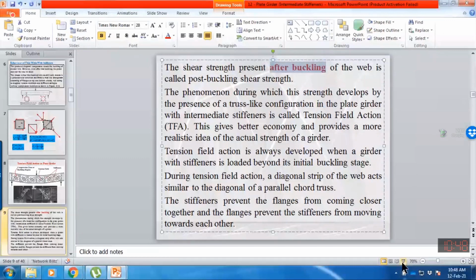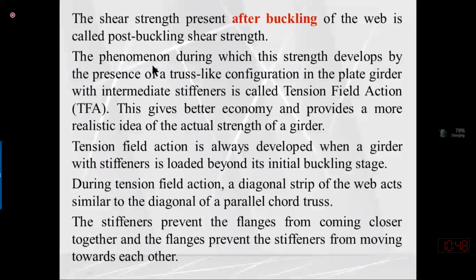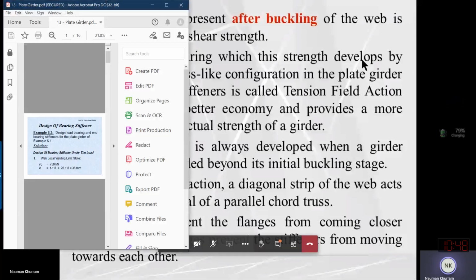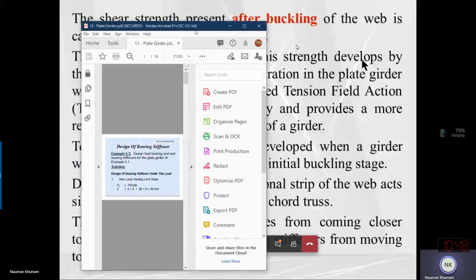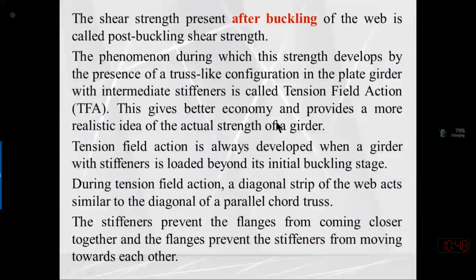The phenomenon during which this strength is developed by the presence of a truss-like configuration in a plate girder with intermediate stiffener is called tension field action. I have already explained this. It gives better economy and provides a more realistic idea of the actual strength of the plate.